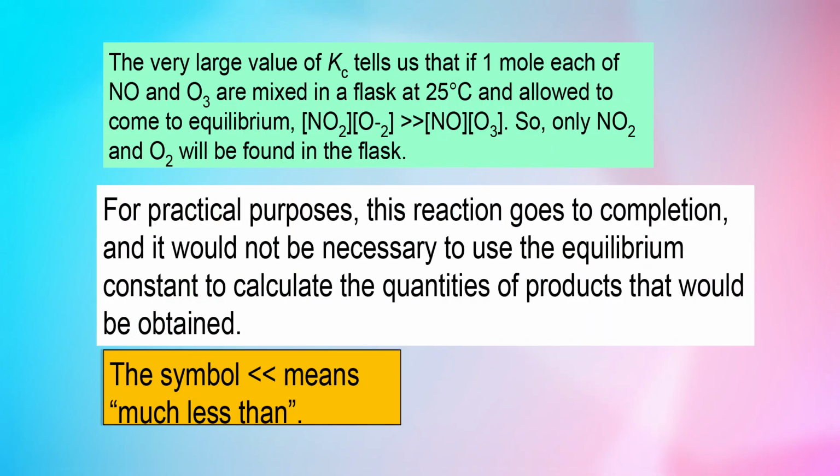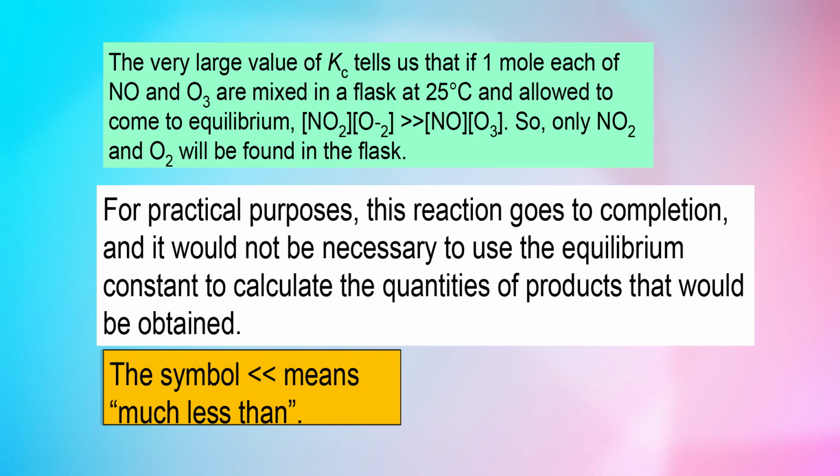This very large value of Kc shows that in the flask we will get only NO2 and O2 if we do such a reaction. For practical purposes, this reaction goes to completion, and it is not necessary to use the equilibrium constant to calculate the quantities of products that would be obtained.